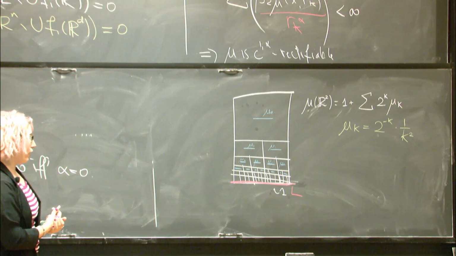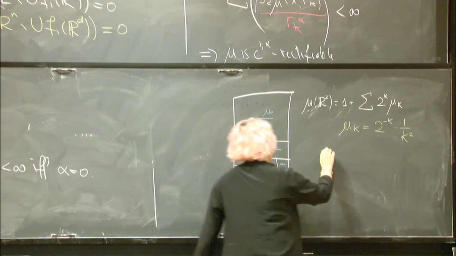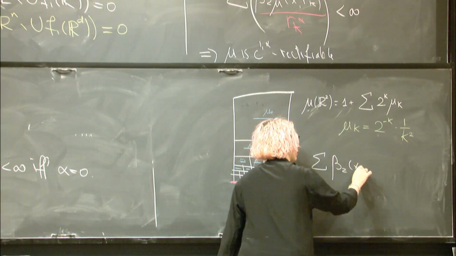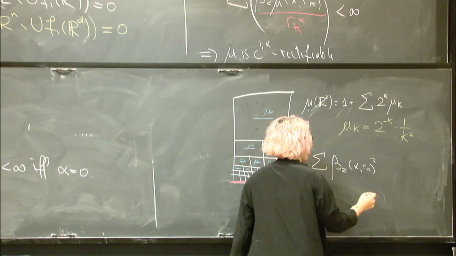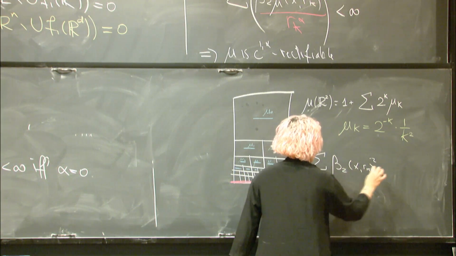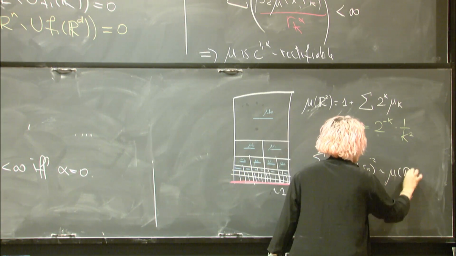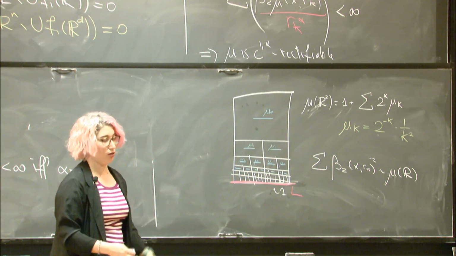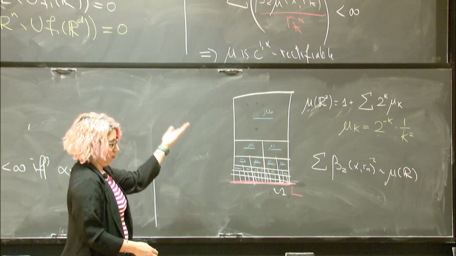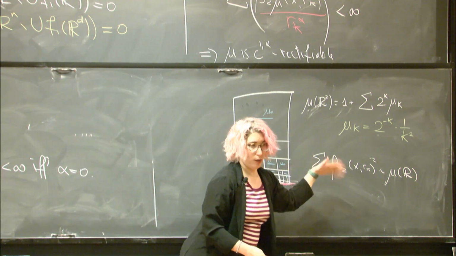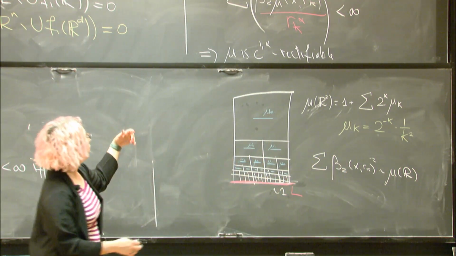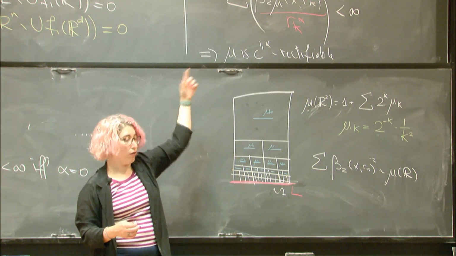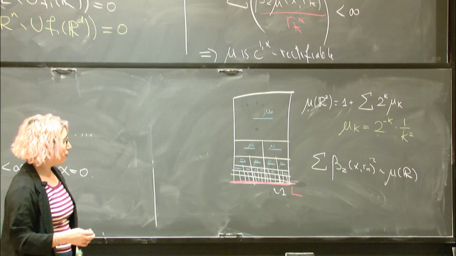What you are going to get is that basically the sum of beta 2 x r k squared is comparable to mu of r. If you divide by r to the alpha, this is going to blow up. So it shows that the sum is not going to be finite for alpha positive, so this theorem does not have a converse.